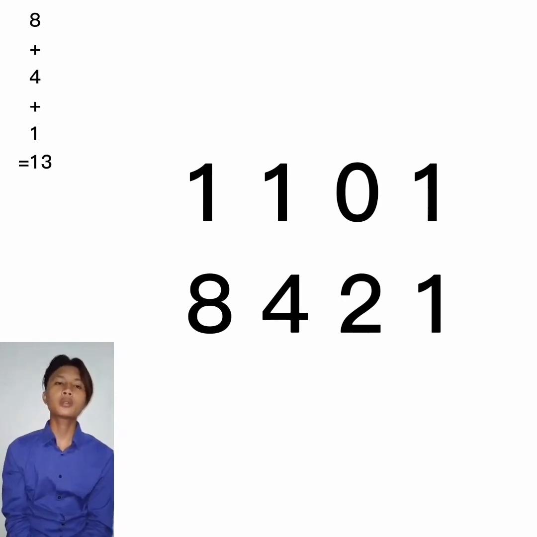And then a 1 over the 1, so we're going to add 1. So 1101 actually equals 8 plus 4 plus 1, and 8 plus 4 is 12, plus 1 is 13. So that number is 13.